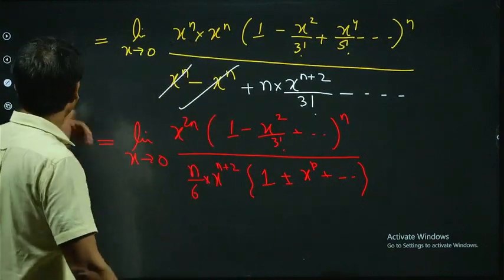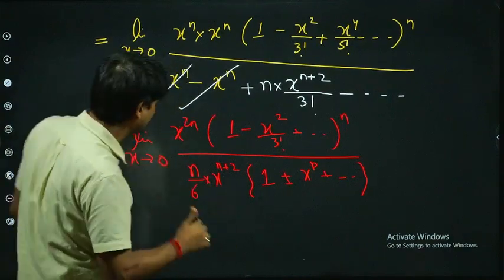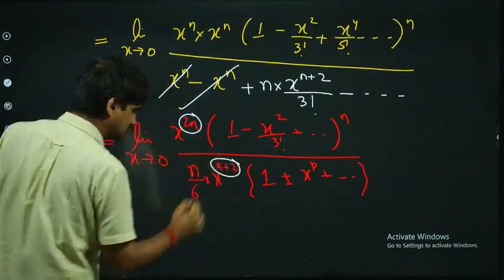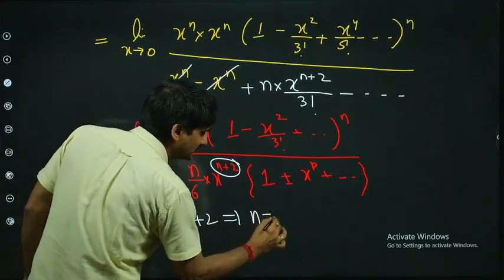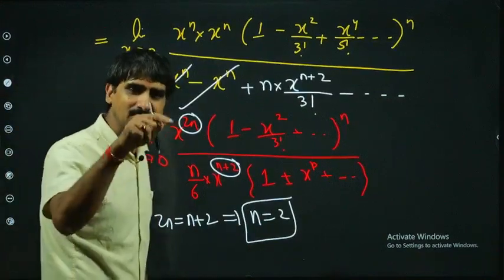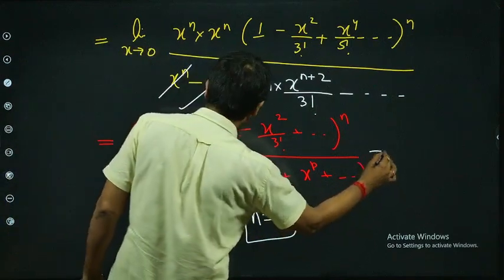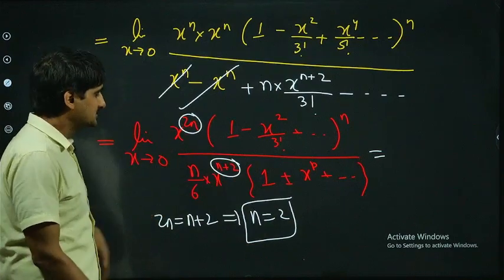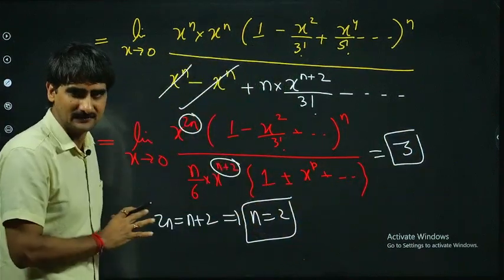To get the non-zero finite value, the lowest power in the numerator is 2n and in the denominator it is n plus 2, so 2n should match n plus 2. That means n is equal to 2. So when n is equal to 2, only then will you get a non-zero finite value. And what will that be? The rest of the terms will go to 0, so it's 6 by 2, which is 3, isn't that? It is 6 by n, and n is 2 here.